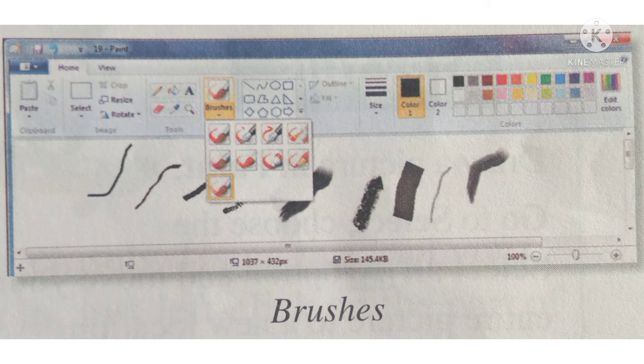The brushes tool is used to draw lines that have a different appearance and texture. It's like using different artistic brushes. By using various brushes, you can draw freeform and curved lines with different effects.